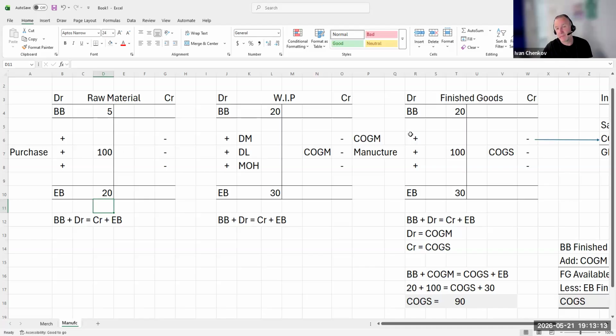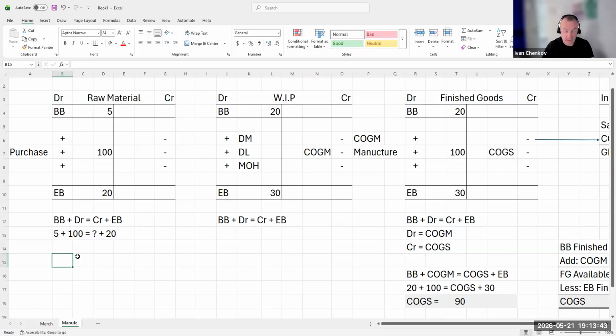Any guess? 85? Okay. So that's one type of question. How can we get this answer? Very simple. Just apply the formula. Which formula? This formula. So what we're going to do? We're going to have 5 plus 100 should be equal to question mark, we don't know, plus 20.